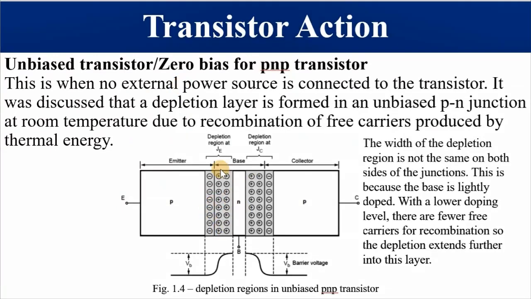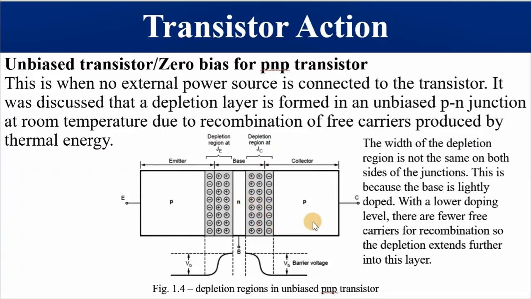Note the change in polarity of the barrier voltage for a PNP transistor when compared to the NPN transistor. This time we have the positive terminals instead of the negative terminals towards the base.